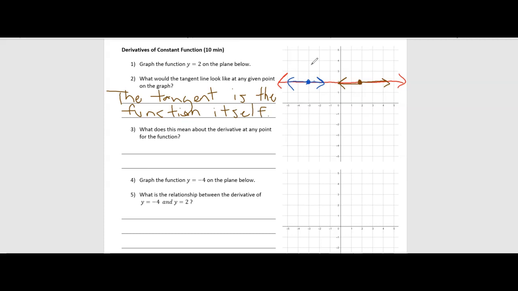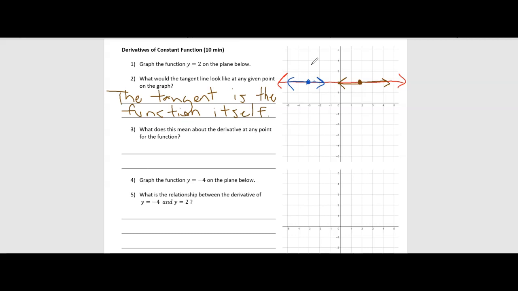Okay, number 3, what does this mean about the derivative at any point for the function? Well, let's think about it. What is the slope of a horizontal tangent line? The blue tangent line, the brown tangent line, they were both horizontal. So the slope of a horizontal line is equal to 0.